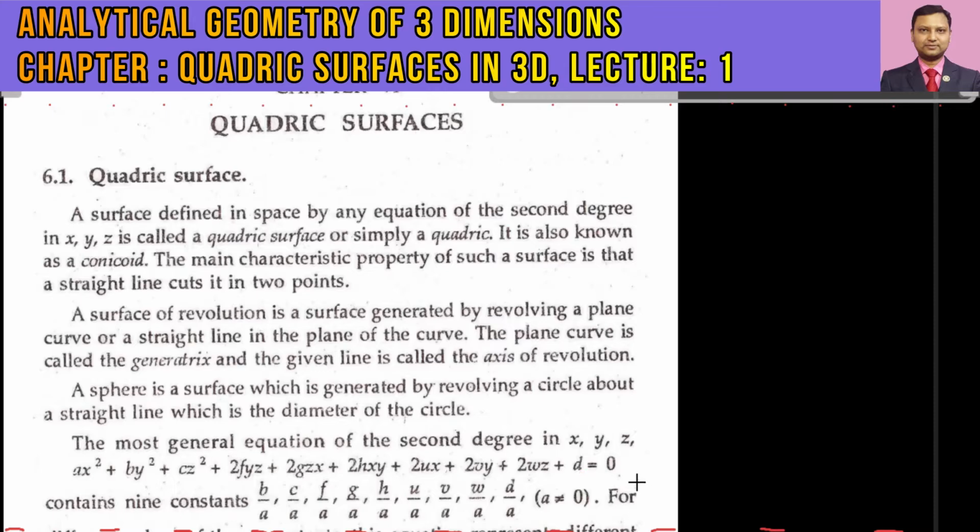All of these coefficients can never be simultaneously equal to 0. So without loss of generality, suppose the coefficient of x square, a, is not equal to 0.